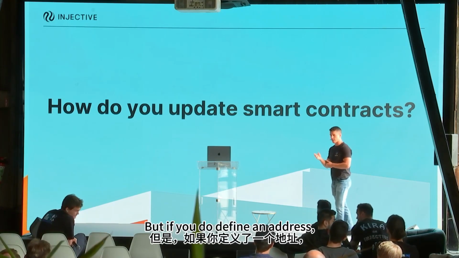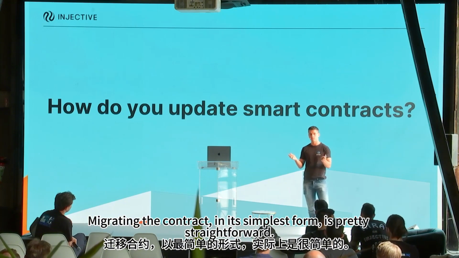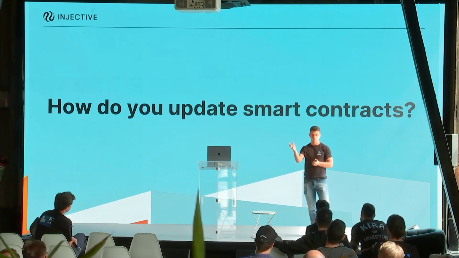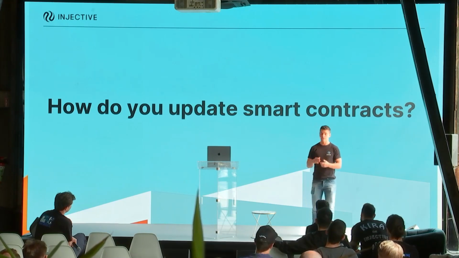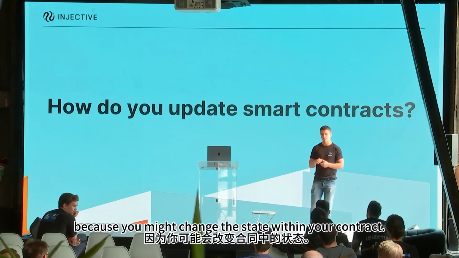But if you do define an address, this address is allowed to migrate the contract. And migrating the contract in the most simple form is actually pretty simple. You just upload a new bytecode, and then you migrate that contract to the new bytecode. That's it. Now, sometimes this is not enough, because you might change the state in your contract.